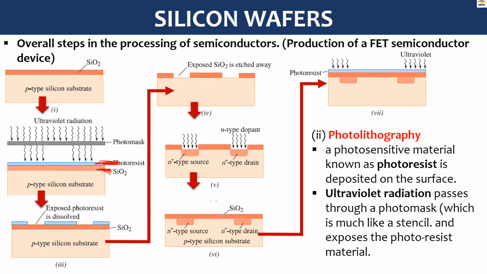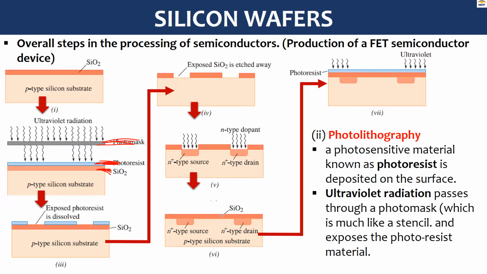Then you take what is called a photomask. This photomask is like a stencil. It is cut and it has openings for the following procedures that you would want to put.